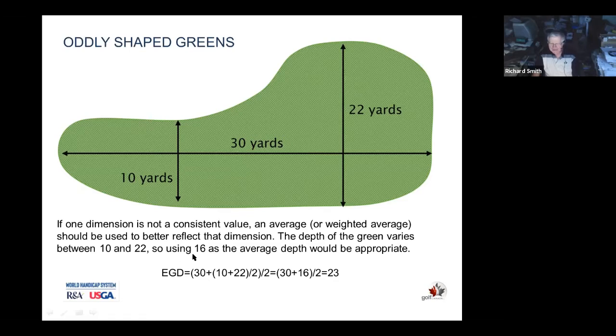They say using 16 as an average would probably be appropriate. And the effective diameter would be the 30 plus, within this section here, we would average the 10 and the 22. And then we're averaging that with the 30, which ends up giving us a 23.